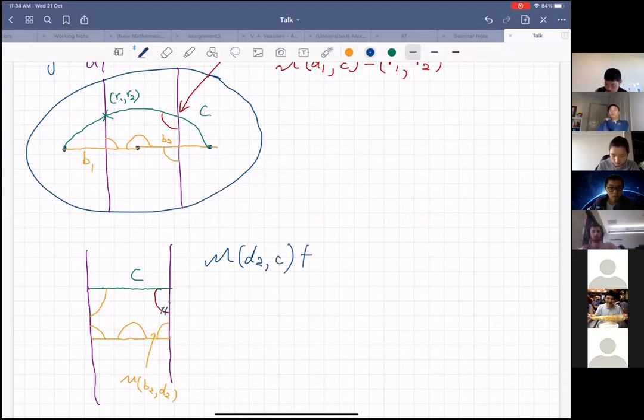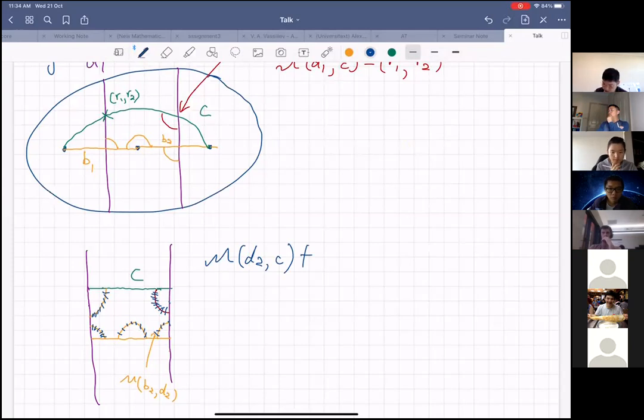So we move RP1 to half of it, and then we stop, and then we go to C, and then we move, and then go down.